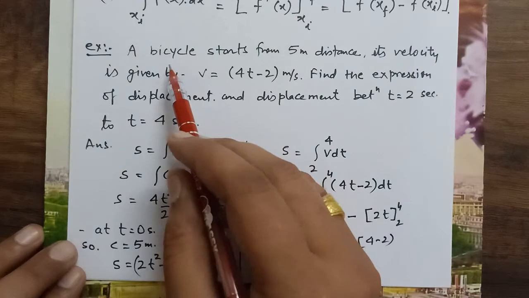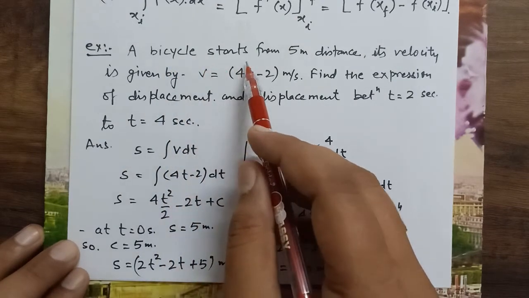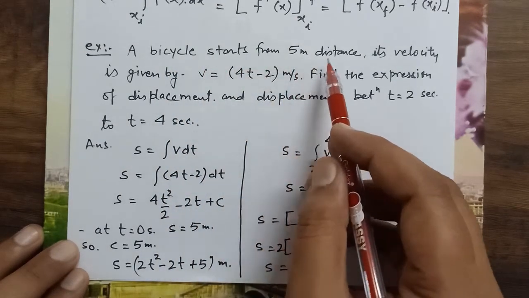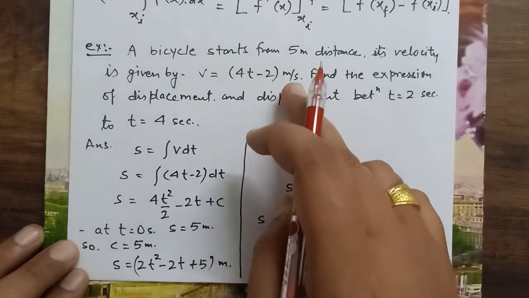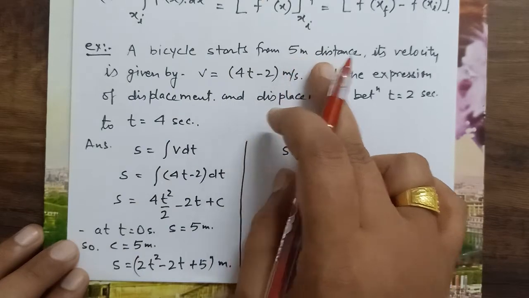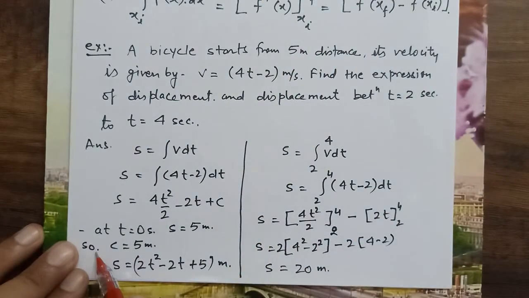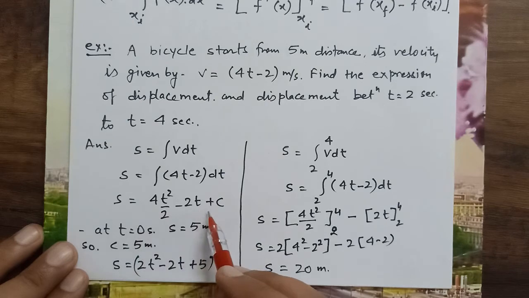As the condition is already given in the question, the bicycle starts from 5 meter distance. It means the observer is standing at 0 meter and he is observing that the bicycle is running from 5 meter distance. So you can see at t = 0 seconds, displacement is 5 meter. We will put these in the expression.